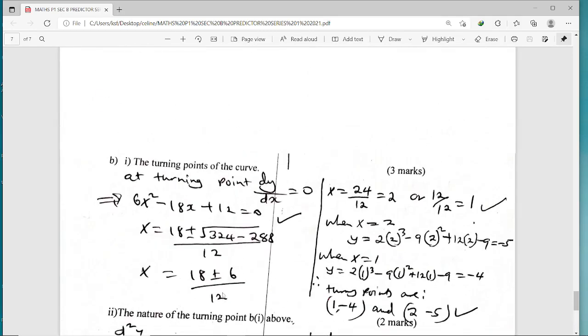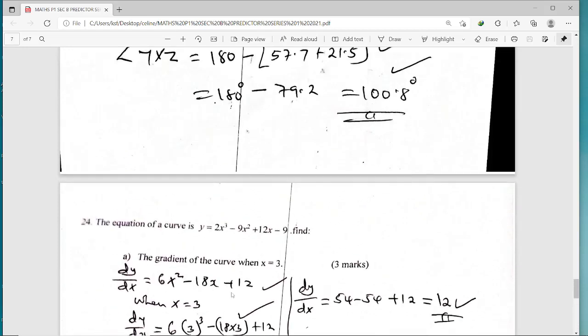Then you can look at the equation and see that you cannot find the x-intercept, because at the x-intercept y is 0. This is a cubic equation.